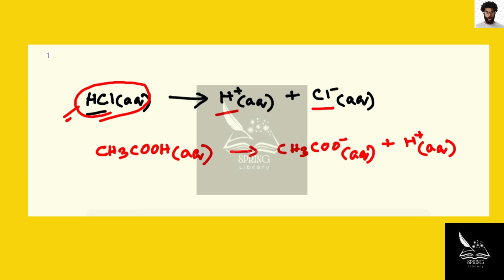But as we already said, CH3COOH or acetic acid is not a strong electrolyte, that means not all of the acetic acid present in an aqueous solution will be dissociated into its ions.